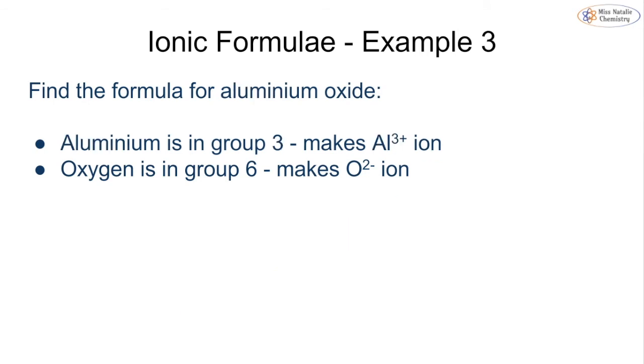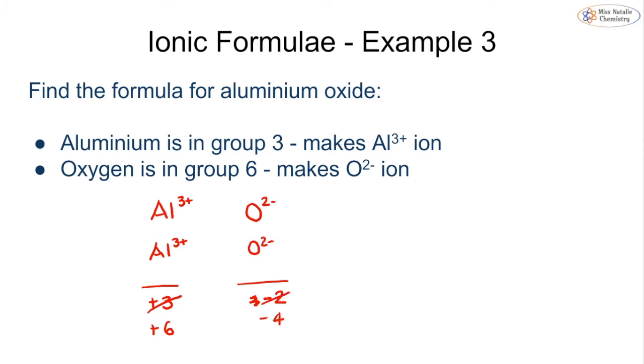If we look at aluminium oxide, aluminium is going to make a 3 positive ion, and oxygen, we've already said, makes a 2 minus. So when I look at my charges, I have 3 positive and 2 minus. You can see that they are not balanced. So if we add in an extra aluminium, we end up with 6 positive charges. What do I have to do to the oxygen? Well, if I add in 1 more, that gives me 4 minus, but that's still not enough.